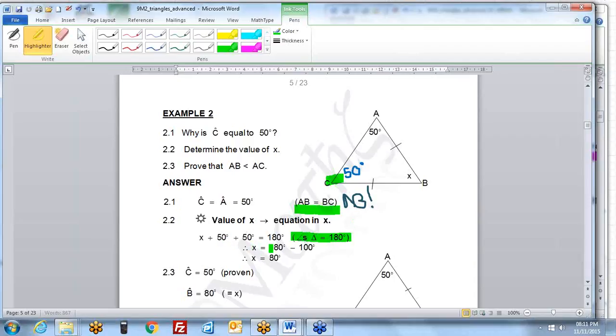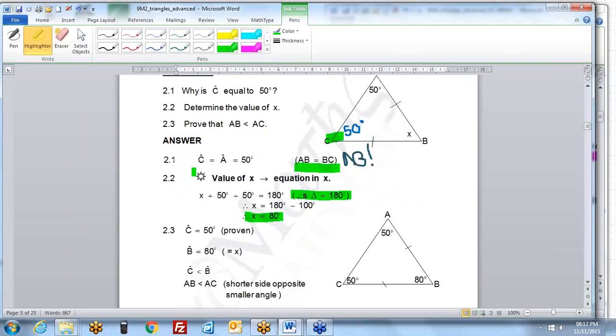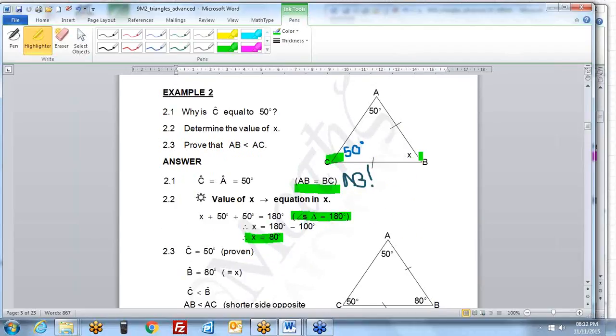Therefore, x equals 80 degrees. So you get x plus 100, you subtract the 100 on the left-hand side, you have to do the same on the right-hand side, and you get the value for x as being 80 degrees. And then you can also test it: 50 plus 80 should give you 180, and it does. Therefore, it's correct.